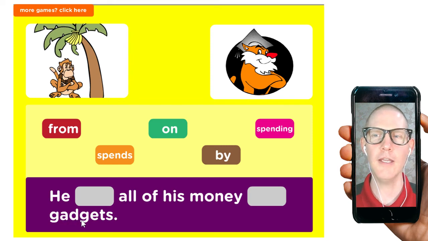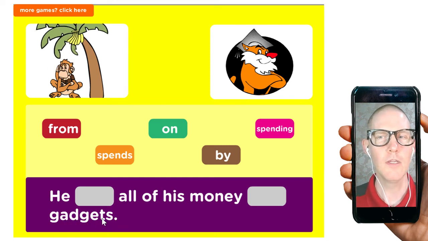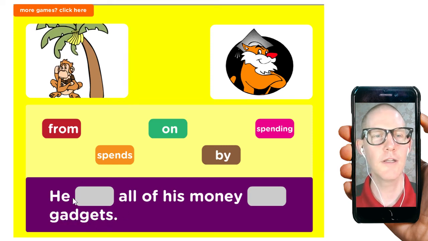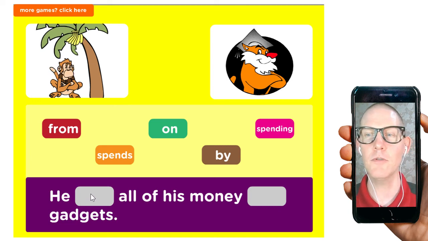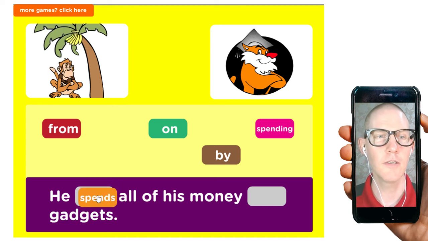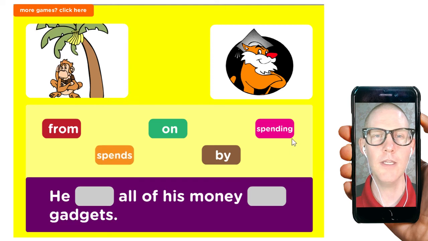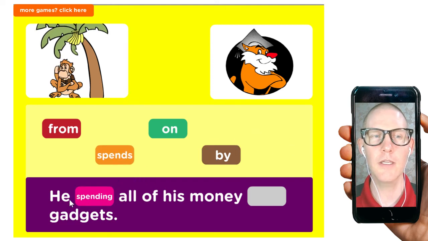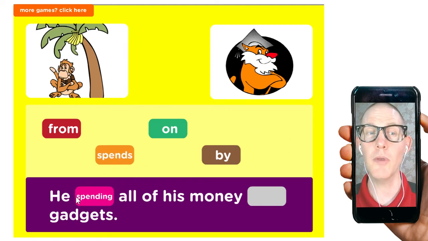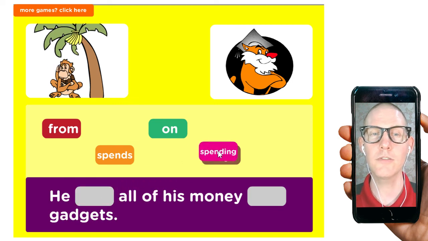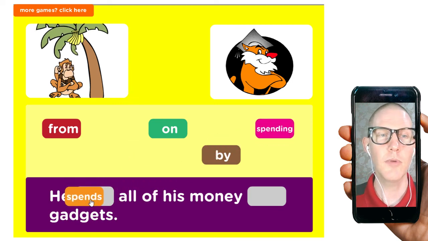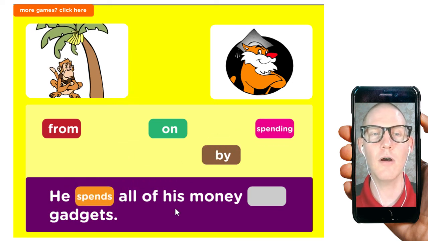Okay, so gadgets. He spends, right? I think everyone agrees that it's "spends," because we can't use "spending" without a helping verb. He is spending or he was spending, so that doesn't work. Spends, present. He spends all of his money.